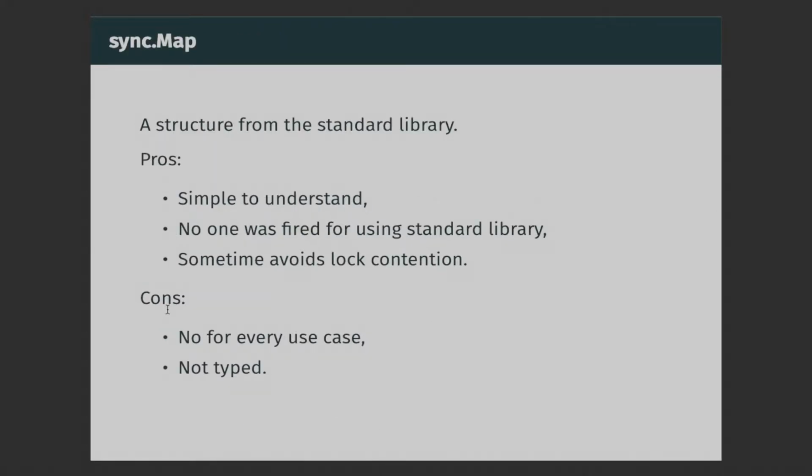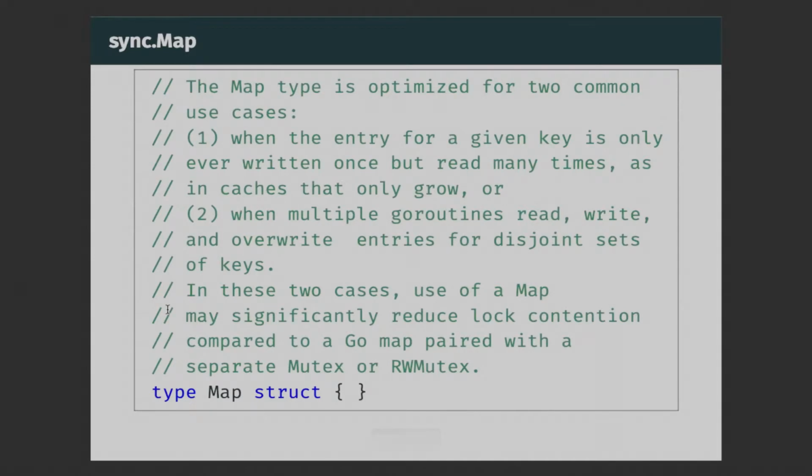I don't remember which version exactly, but sync.Map was added. It's, again, simple to understand because it's just like a normal map. It's not typed, because we don't have generics in Go, sorry. And it's in the standard library, so everyone can use it, which is a good idea. There's a typo here, but apart from this, it sometimes avoids lock contention, though even the official documentation says not always. It's suited for two very specific use cases.